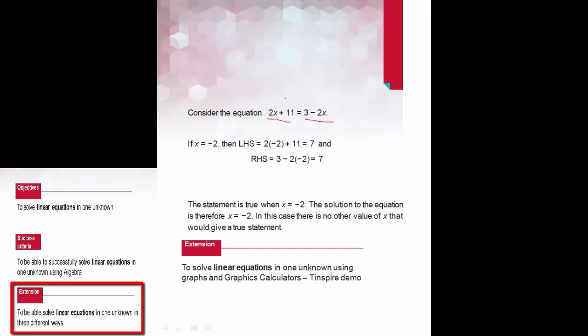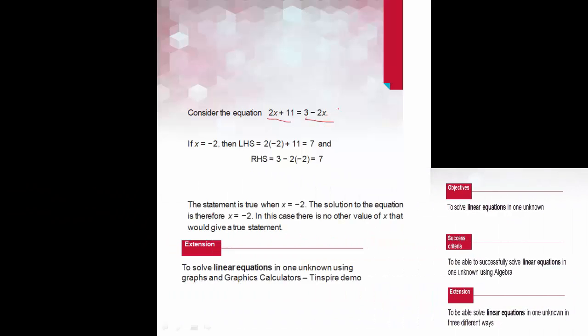So you try for the left hand side, for example, 0, you get 11. For the right hand side, you substitute x with 0, you get 3. 11 is definitely different than 3, so this is not a solution. Our solution is when we get the right hand side giving us the same value as the left hand side.